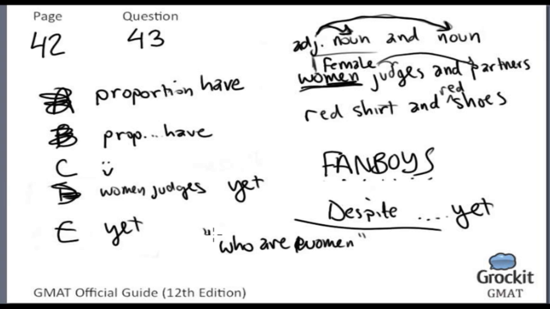So in this particular case, there are multiple reasons why it's okay to postpone "who are women," even though it's well past the actual nouns that we're referring to, namely the judges and the partners. Oh, forgot to circle it. Choice C, correct answer. Okay, moving on.